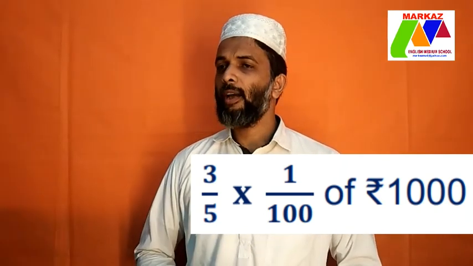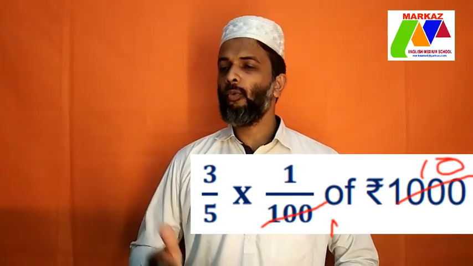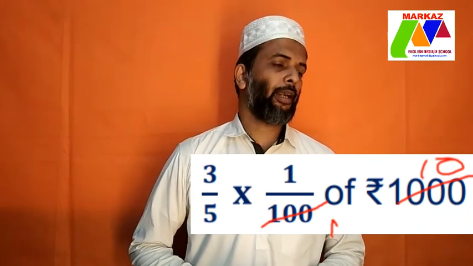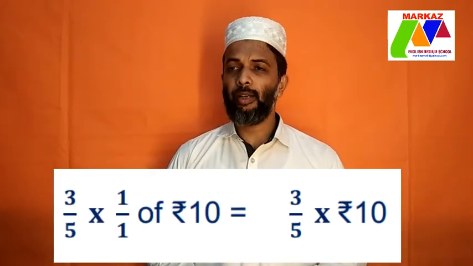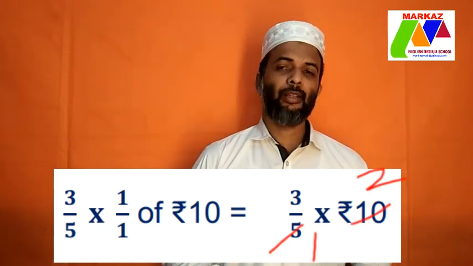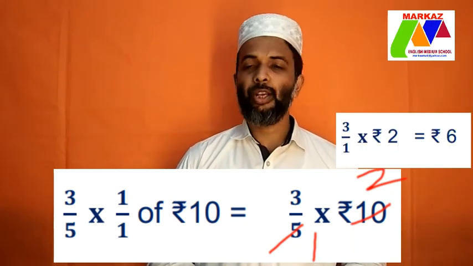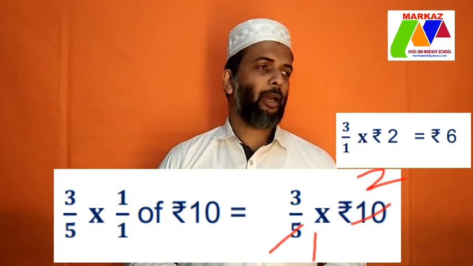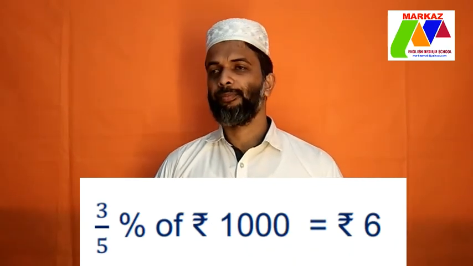Simplify the fraction 100 and 1000. 3 by 5 into 1 by 1 of 10 rupees. Then 3 by 5 into 10. Simplify the fraction 5 and 10 with 5. 3 by 1 into 2 rupees. Answer is 6 rupees. 3 by 5% of 1000 is equal to 6 rupees.